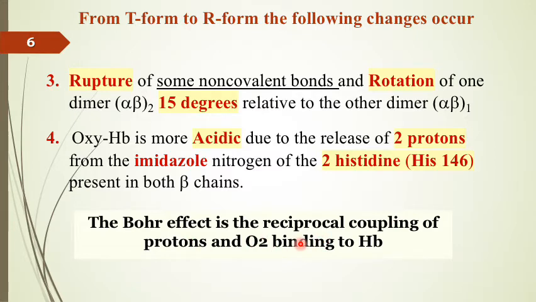When oxygen binds hemoglobin, there is liberation and release of protons. But when oxygen leaves the hemoglobin, the protons will bind to hemoglobin. Why? Because oxygen binding leads to rupture of the chemical bonds with the release of the protons.